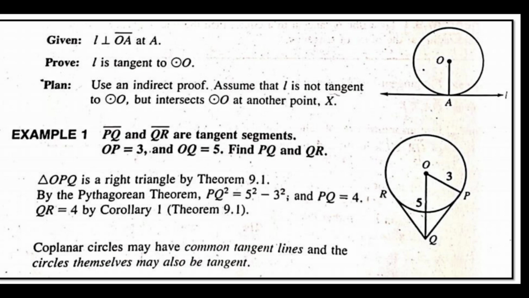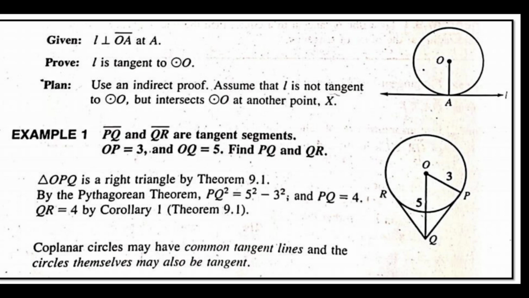Find PQ and QR. How are we going to find it? By that given, a triangle is formed. Triangle OPQ is a right triangle by Theorem 9.1.